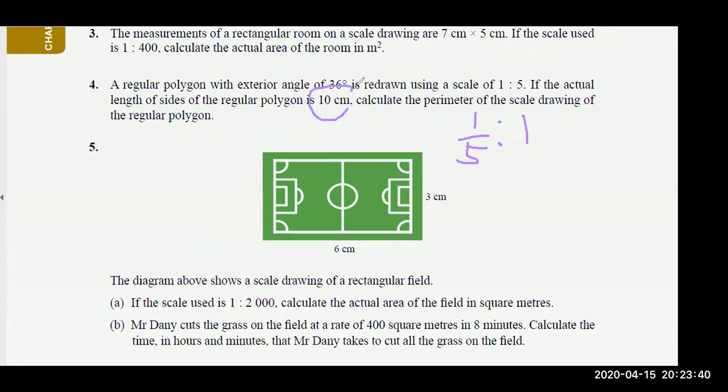So one side is 10 cm, right? So you need to find the scaled perimeter of the regular polygon, the decagon. We call it decagon, 10 sides. So you multiply 10. Then you can get 2 cm for the side, right?